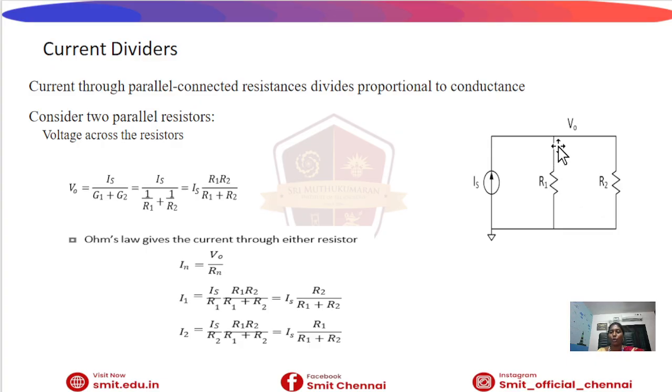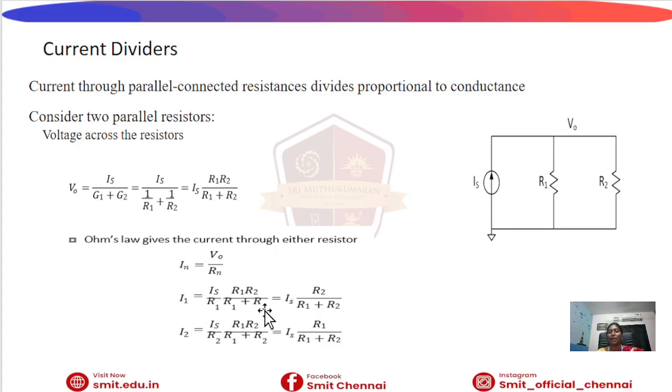Again, if you want to find the current I1, which is flowing in this resistor, the formula is the total current into the opposite resistor, divided by the total sum of the resistors.